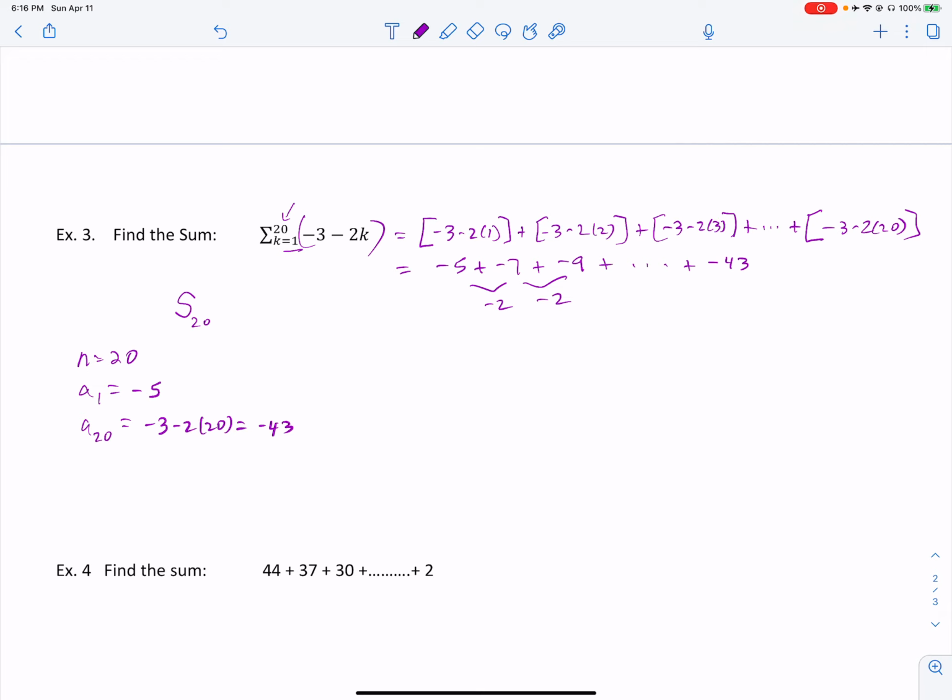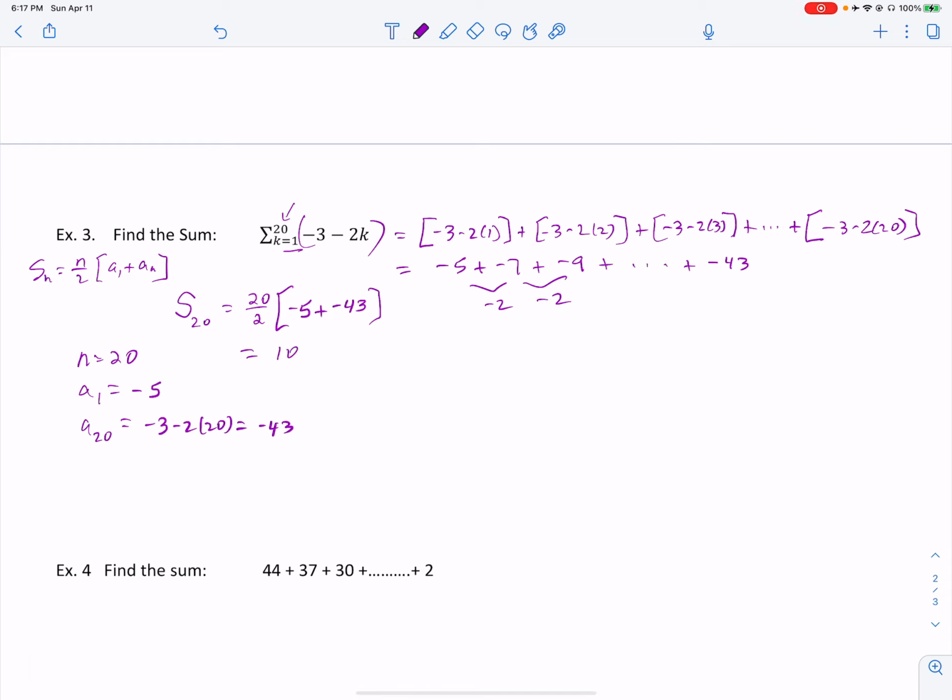And so for the sum of 20, remember the formula is S sub n is n over 2 times a sub 1 plus a sub n. So 20 is going to be 20 over 2. And then my first term, which we found to be negative 5, plus the last term, which is a negative 43.